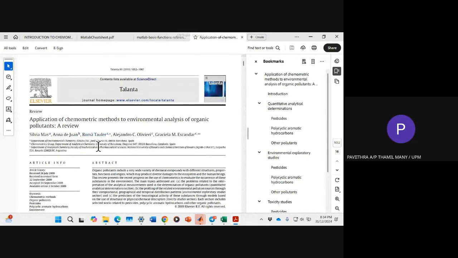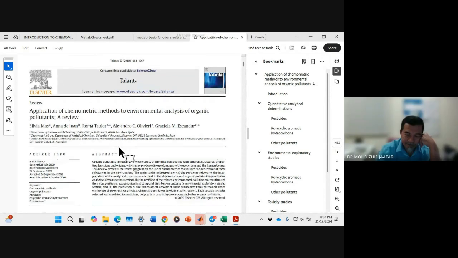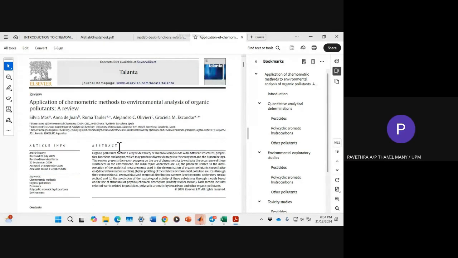Okay, doctor, go. Why I chose this topic, doctor, is because it's about environmental analysis, and I myself am also working with pesticide residue. There are two things they talk about here: pesticides and also PAH. I took pesticides for my understanding.